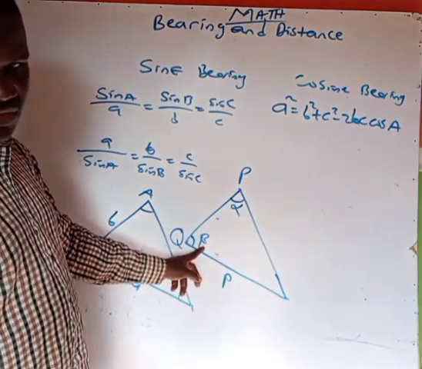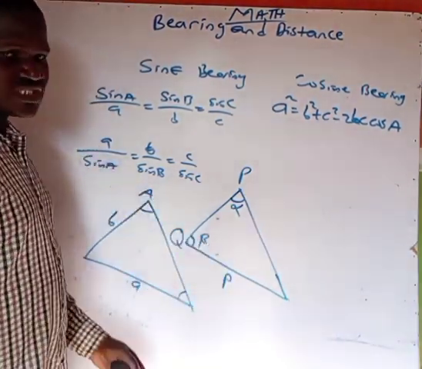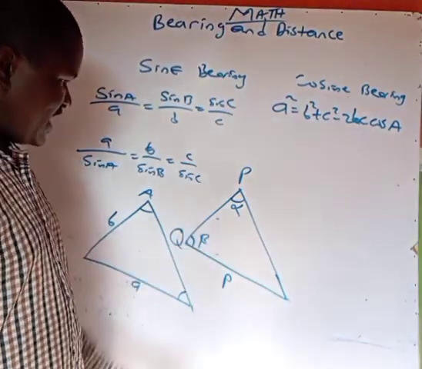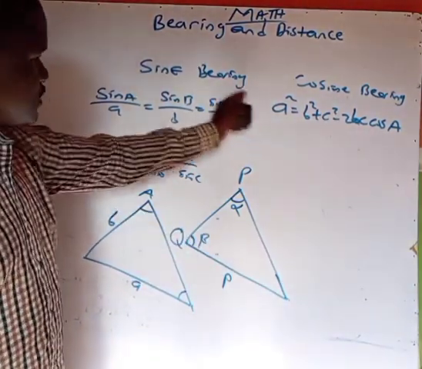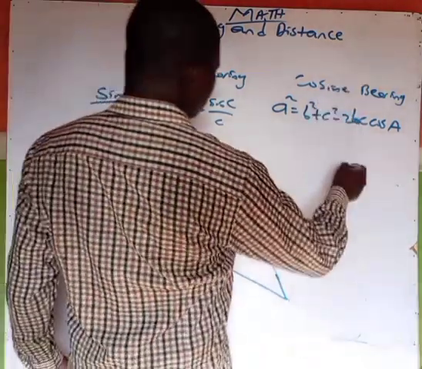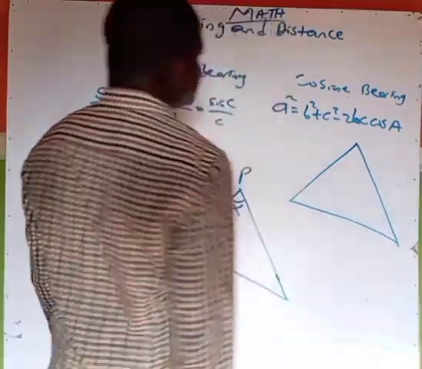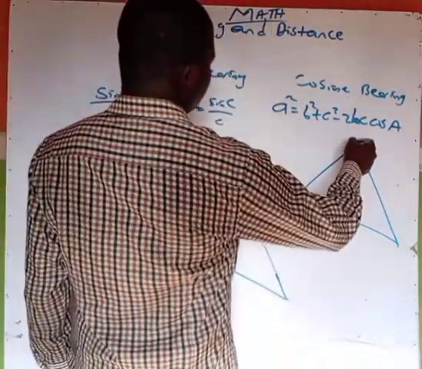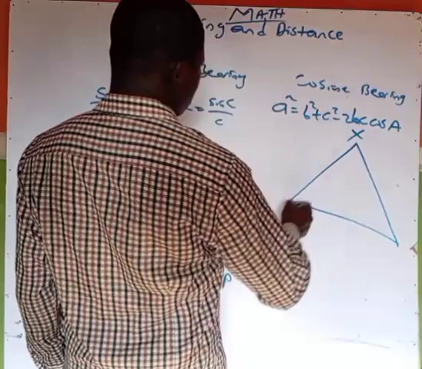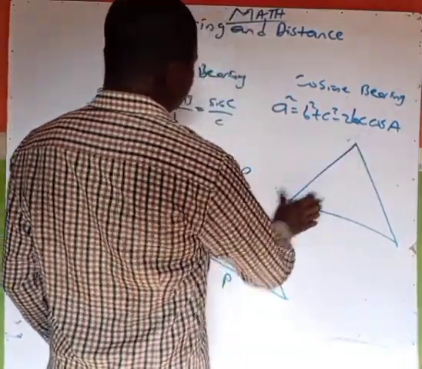So you know you are going to make use of sine. This is the formula you are going to make use of when it is like this. But the case of the other one is different. Let's make use of the ABC that is there.